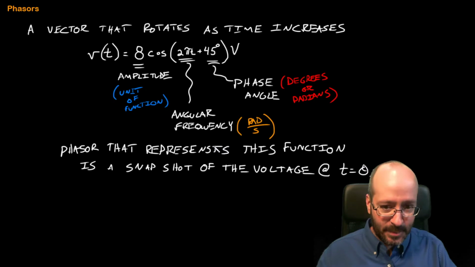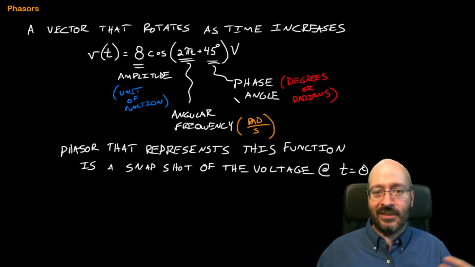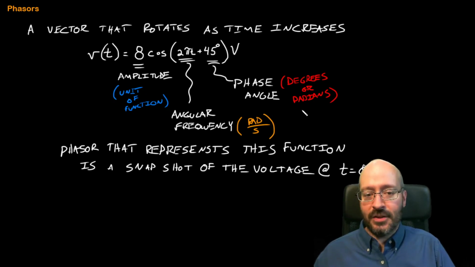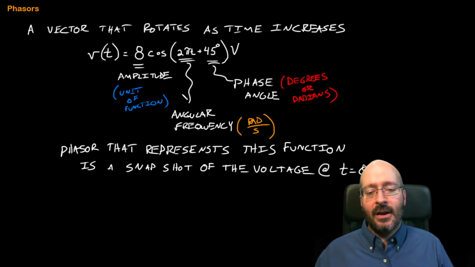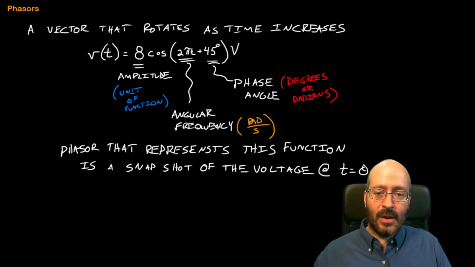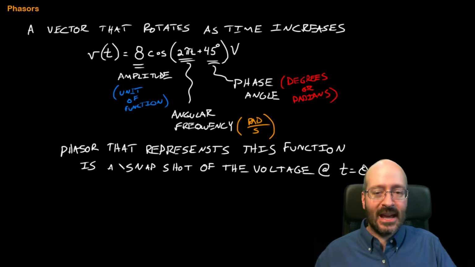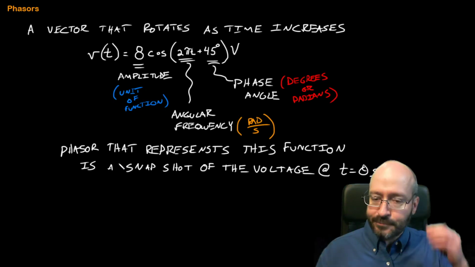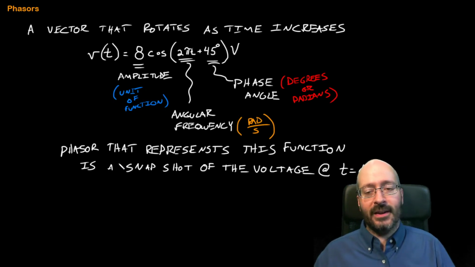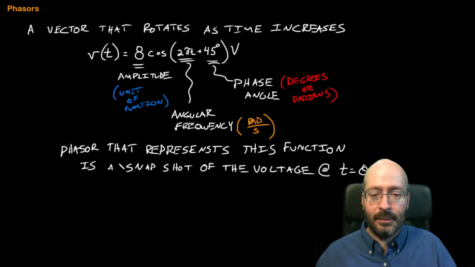And then the phase angle tells us where it starts, and we can measure that in degrees or radians. Those three pieces of information allow us to represent this function as a phasor, and that phasor is really a snapshot of what's going on at t equals 0, whatever we designate the beginning of time to be.